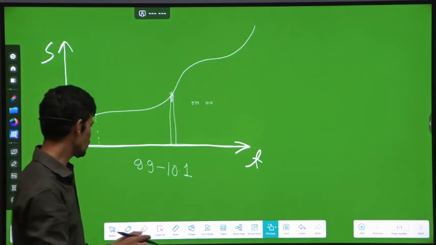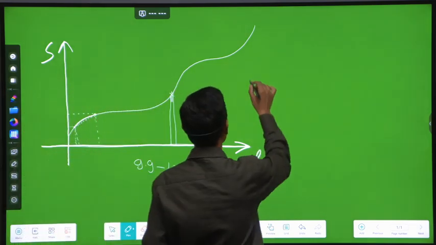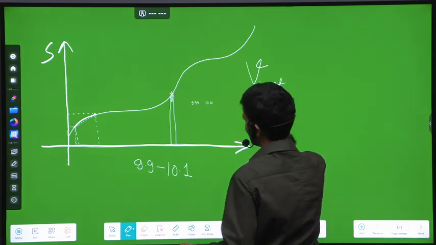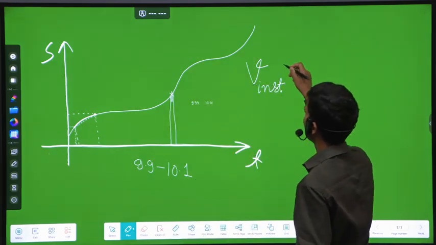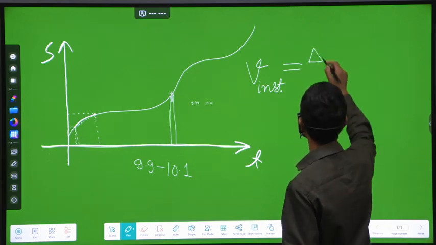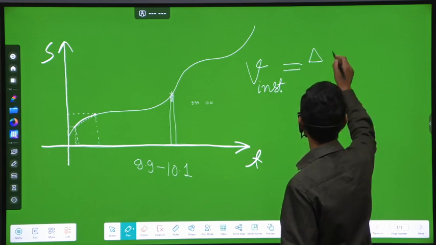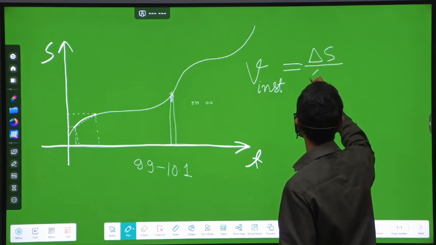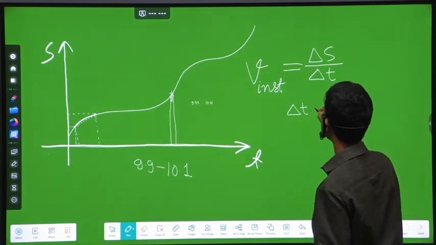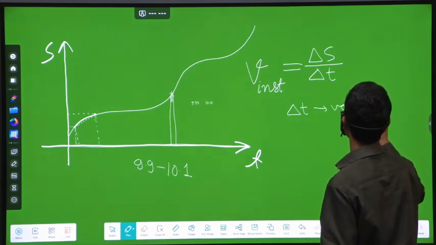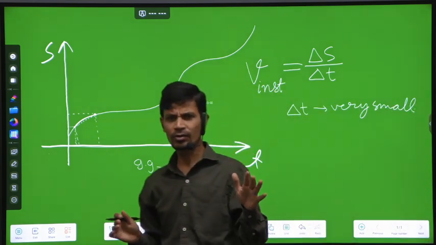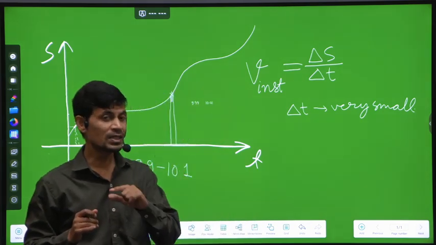What I want to explain here is, for v instantaneous, at that particular instant, if I want to find this value of velocity, then this delta t must be very small. How much small, later on I will tell you, but keep this thing in your mind.